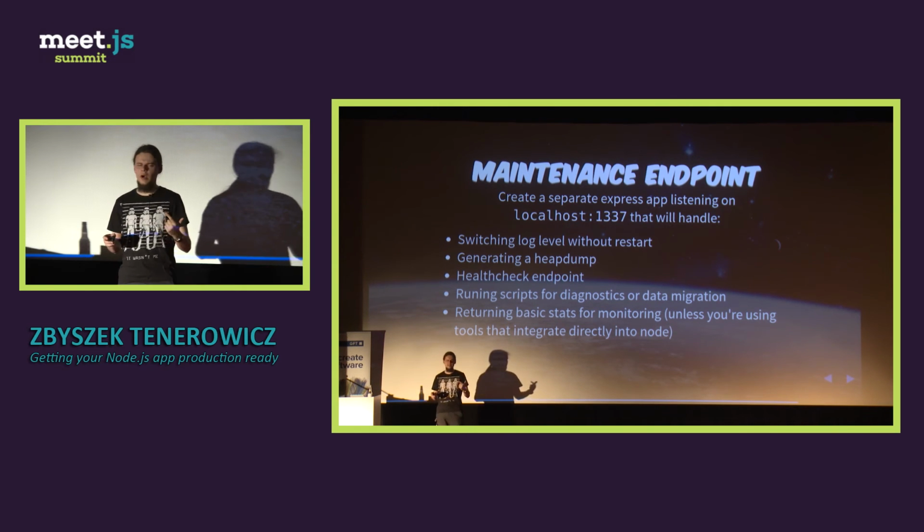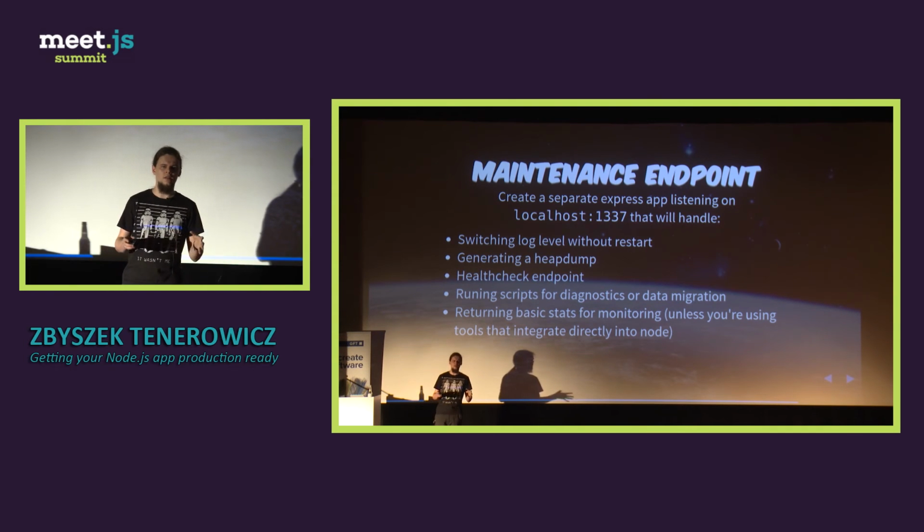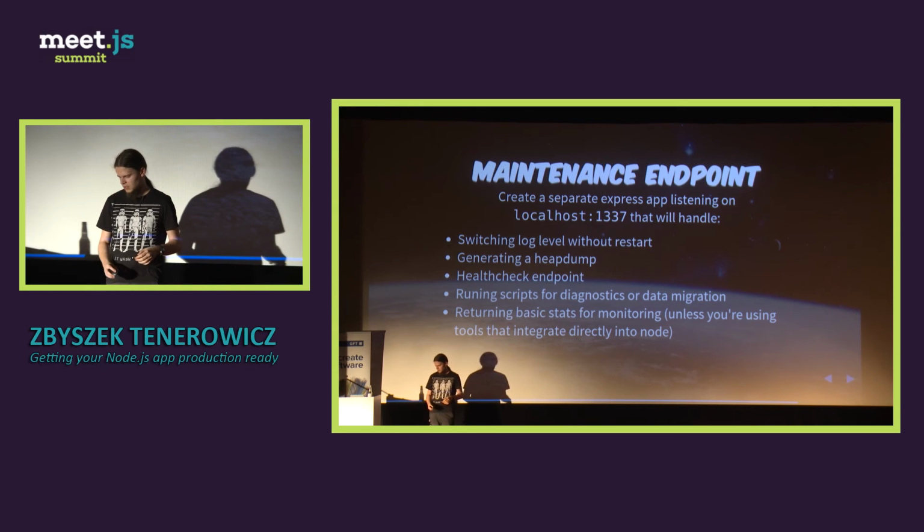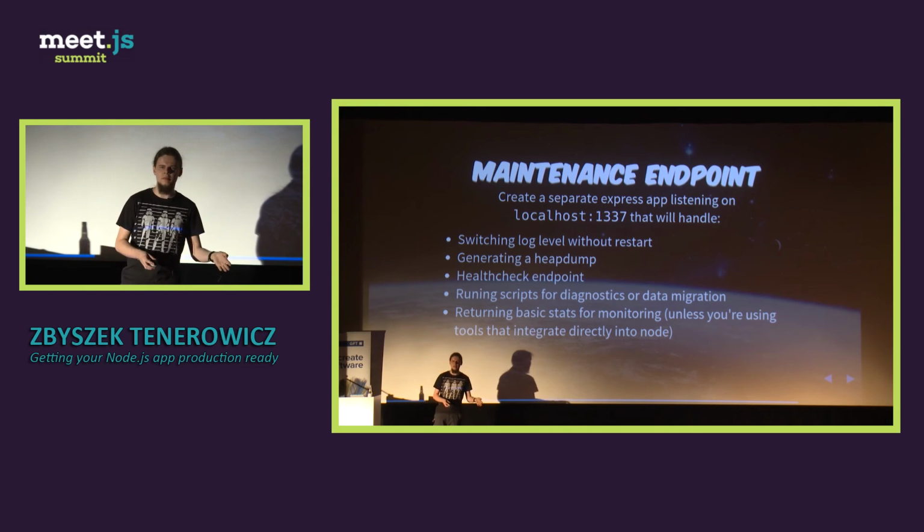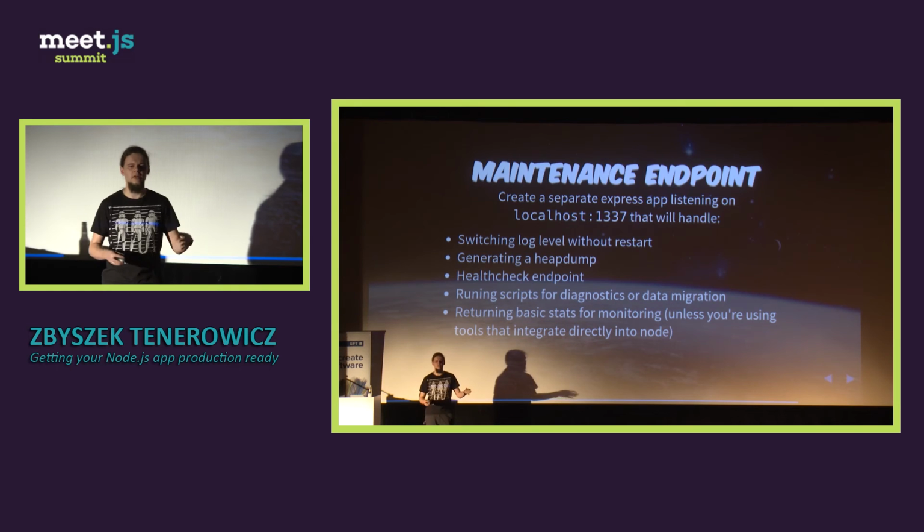Because it's quite easy, especially with promises, to make an app that is working and responding to HTTP, but then everything stops at the DB level when you lose connection. Okay. So it can also return some basic stats if you don't have better tools for it available.